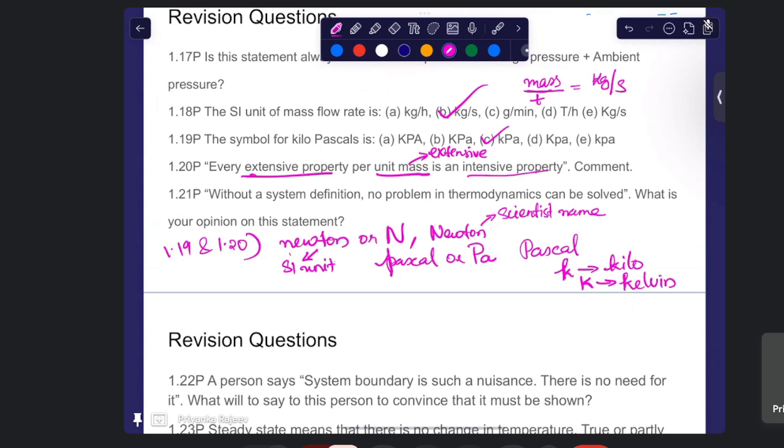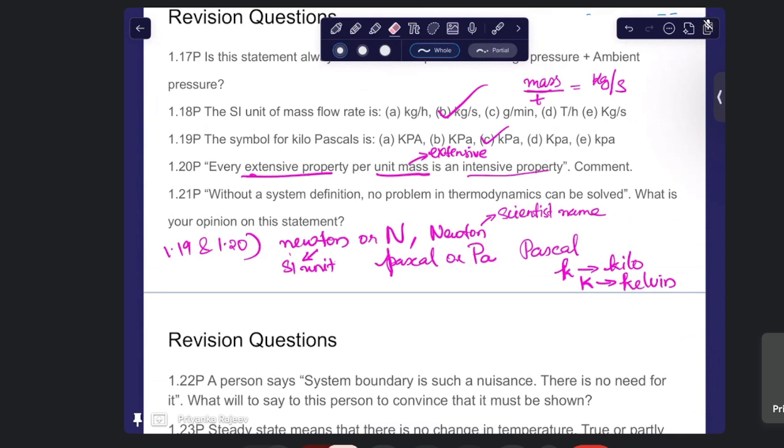Whatever property it might be, if you divide it by mass, you will get that constant value which, multiplied with the mass, will give you the entire thing. That constant value is not going to change with mass again. So that is an intensive property. That is how you have to think about the concept.